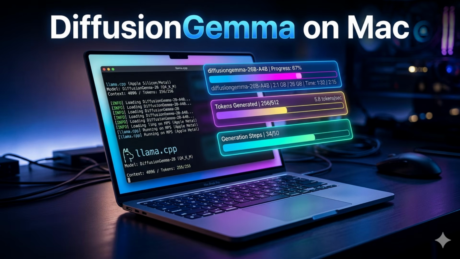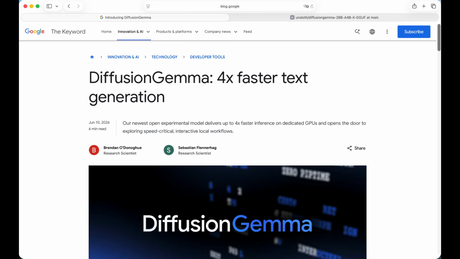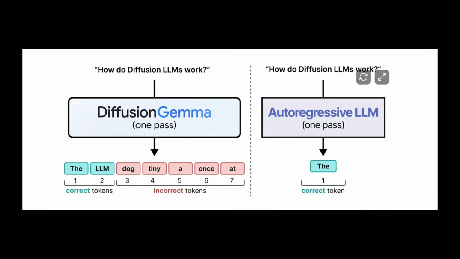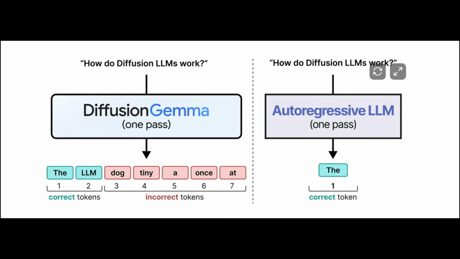Stay with me. In this video, we'll look at one of the latest upgrades for the Gemma 4 model. This is called DiffusionGemma, which claims to run really fast because it has a different running mechanism, which is based on diffusion. Here's a quick look comparing the diffusion-based language model versus the autoregressive large language model.